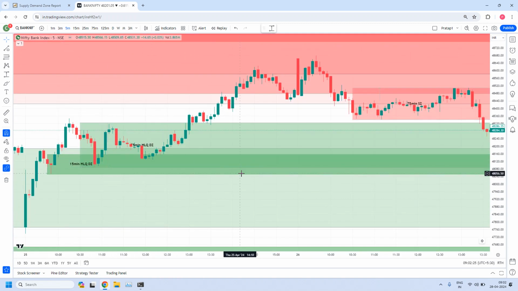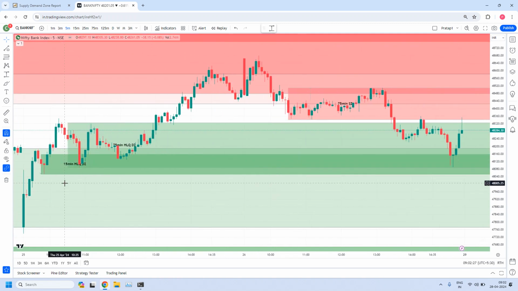See, already we discussed about this, why it is giving again and again the trades. So within this we have a fine-tuned area.